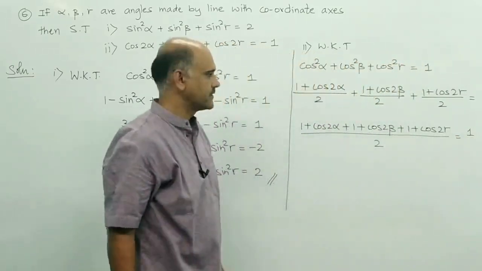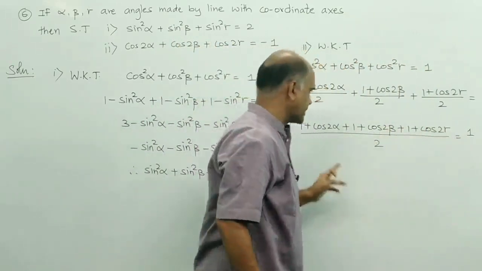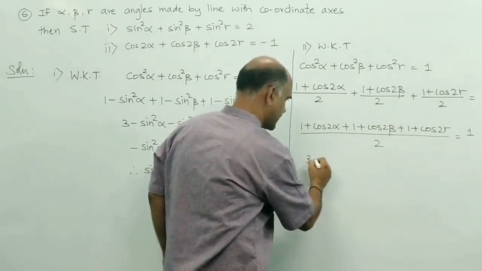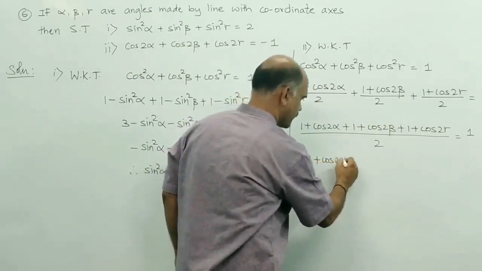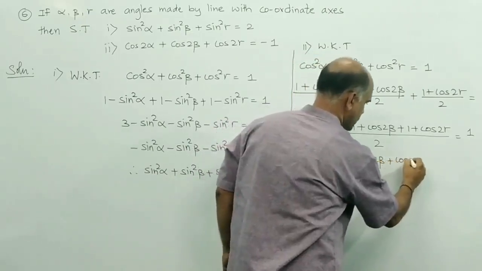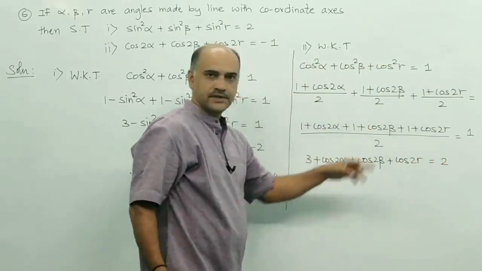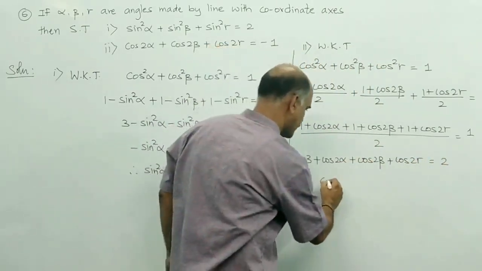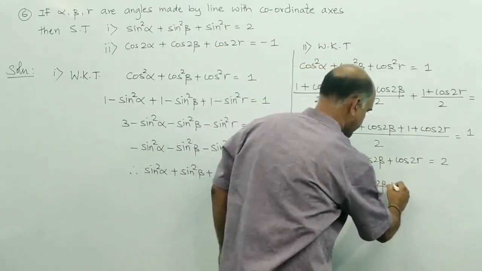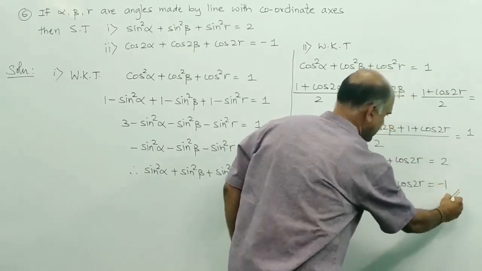So take this 2 to the RHS. 1 plus 1 plus 1 will be 3. So 3 plus cos 2 alpha plus cos 2 beta plus cos 2 gamma is equal to 2. Take 3 to the RHS, you will have cos 2 alpha plus cos 2 beta plus cos 2 gamma is equal to -1. This is our second.